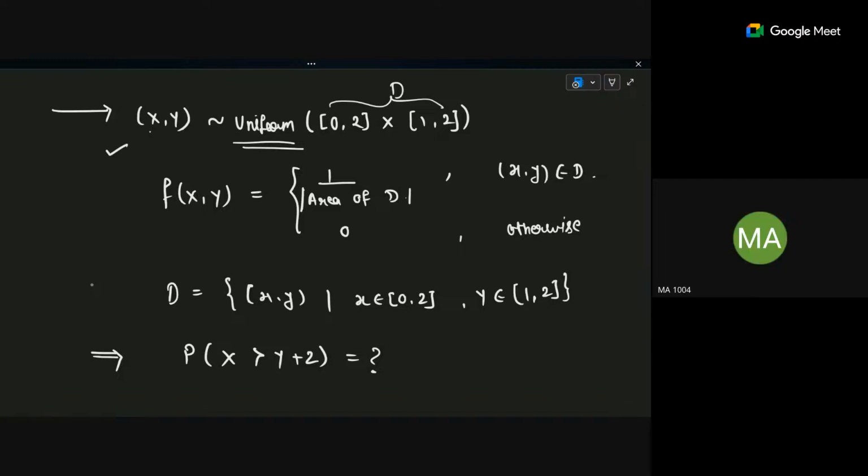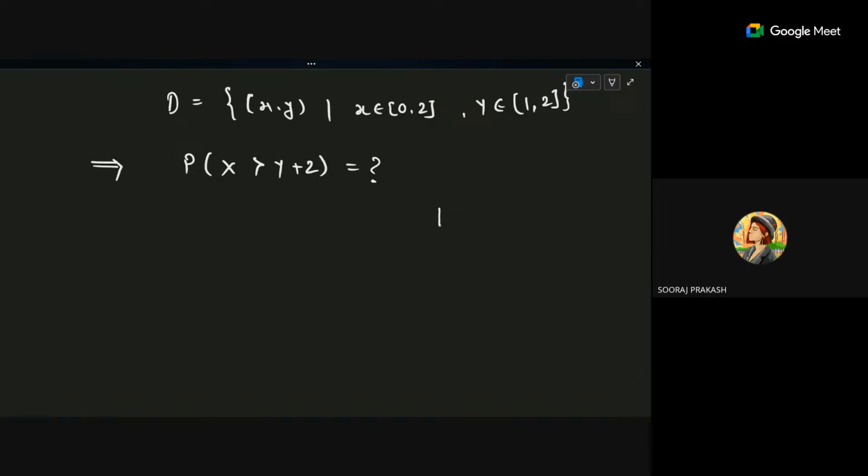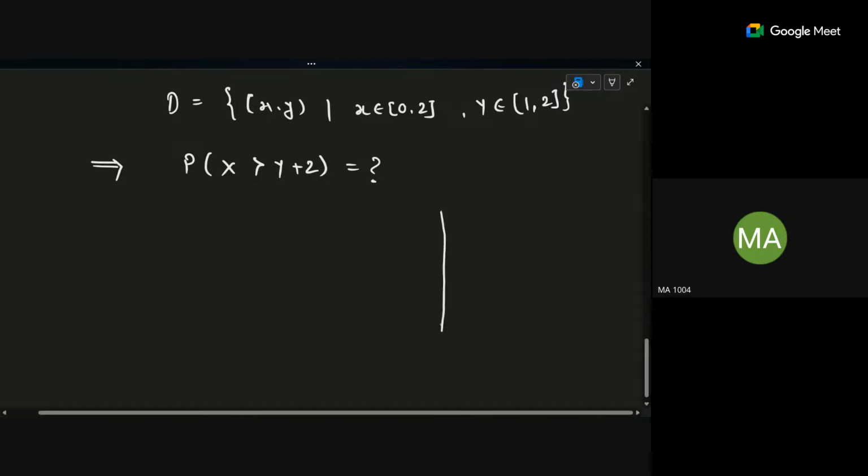Whenever this kind of question is there, our first target is to draw a figure. We will take the minimum value of x coordinates and the maximum of y, and then draw the whole figure. Here x belongs to 0 to 2 and y belongs to 1 to 2.